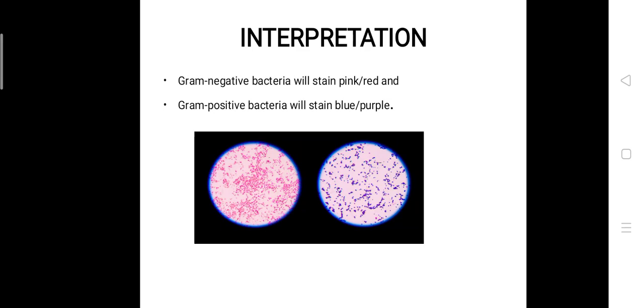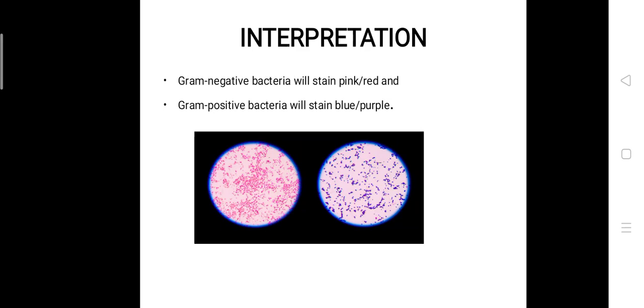And the gram positive bacteria will stain purple or blue because they have a thick layer of peptidoglycan. That is why they retain the crystal violet color, purple or blue. Here you can see in the given image.